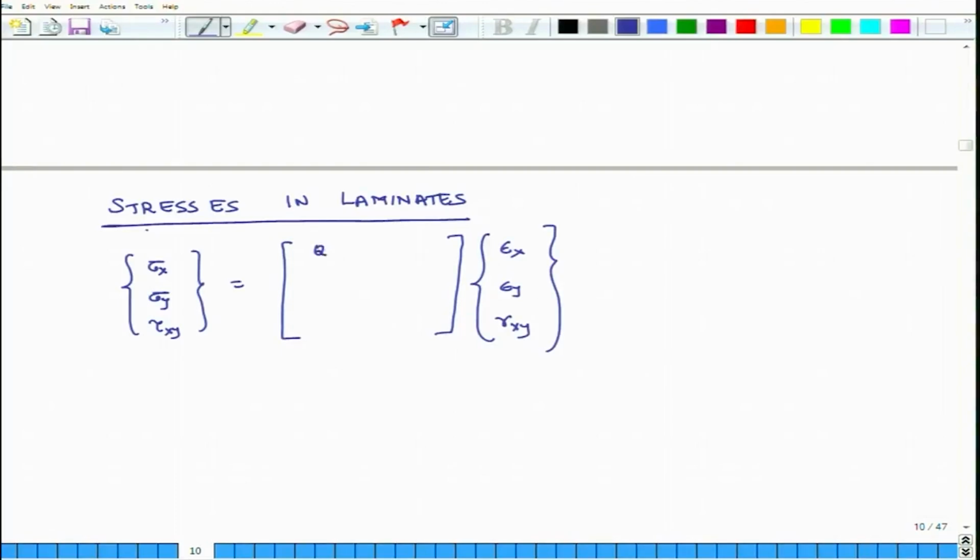And what is this q bar matrix? q11 bar, q12 bar, q16 bar, q22 bar, q26 bar and q66 bar.